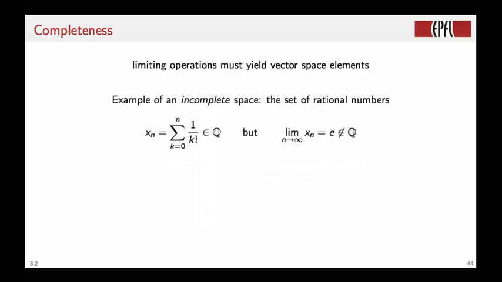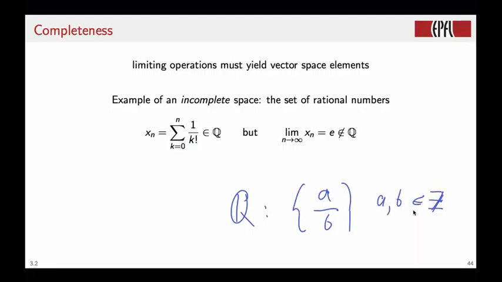The set of rational numbers, Q, is a set of numbers where we have a ratio a over b, where a and b are integers. And that's a very rich set, right? It's doubly infinite because these are infinite, these are infinite, so it's a very huge set.